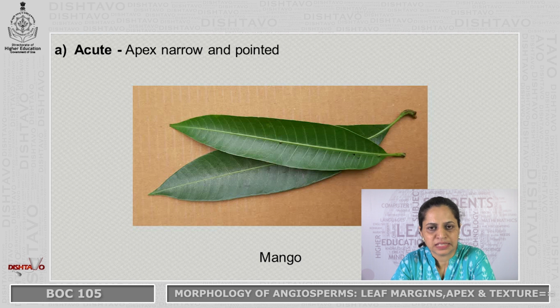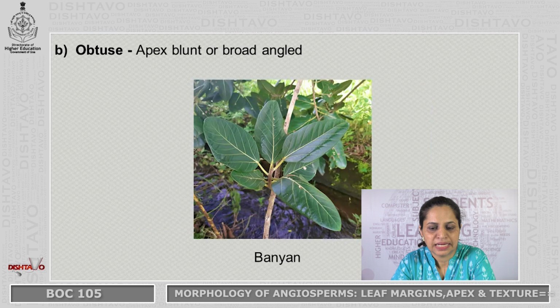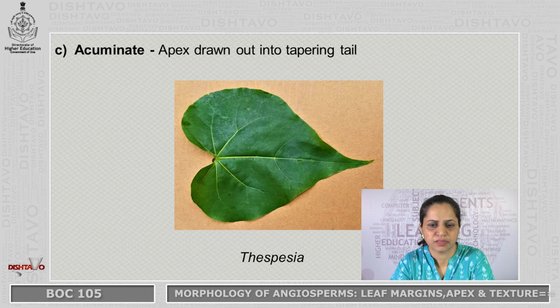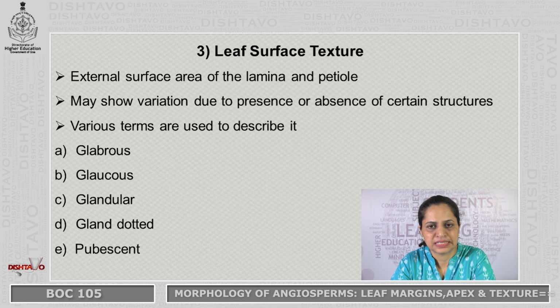When the leaf apex is narrow and pointed, it is termed as acute, as seen in mango. When the leaf apex is blunt or broad angled, as in banyan leaves, it is termed as obtuse. When the leaf apex is drawn out into a tapering tail, it is termed as acuminate. Example, Thespesia.